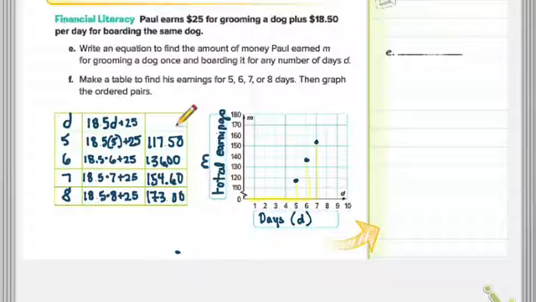And then 8 is across to 8 and up to 173. And putting a dot where that 173 should be. Again, you should see them form a line as this is a linear equation.